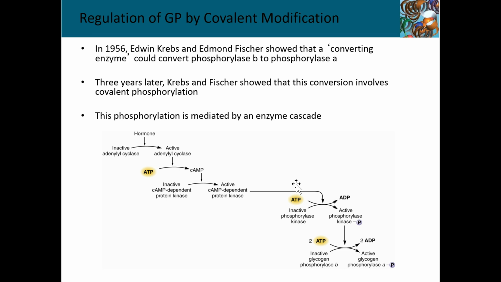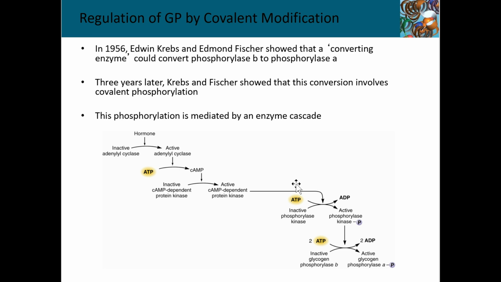Now, how does this covalent modification occur? Well, that's why I wanted to introduce the concept of cyclic AMP a little bit earlier. What happens is the phosphorylation is mediated by a cascade of enzymes.